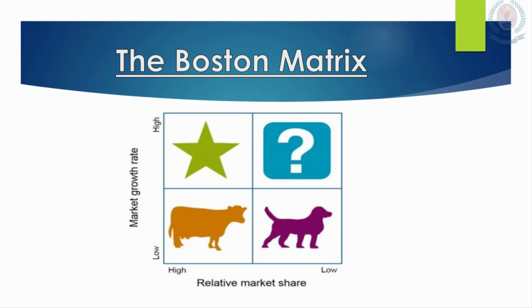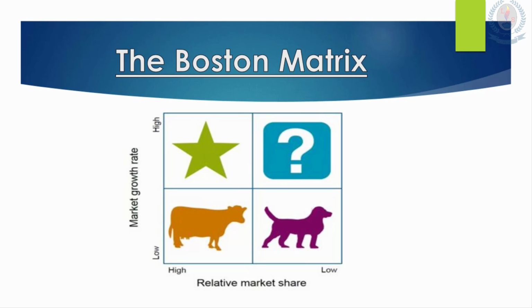Look at this diagram. You can see some figures. There is a cow, a dog, a question mark, and also a star. On the horizontal axis, they mention the relative market share, divided into high and low. The vertical axis shows the market growth rate, again divided into high and low.